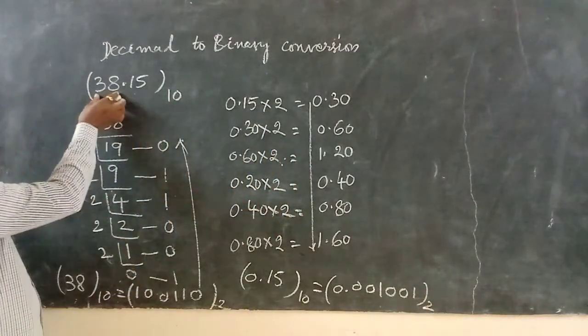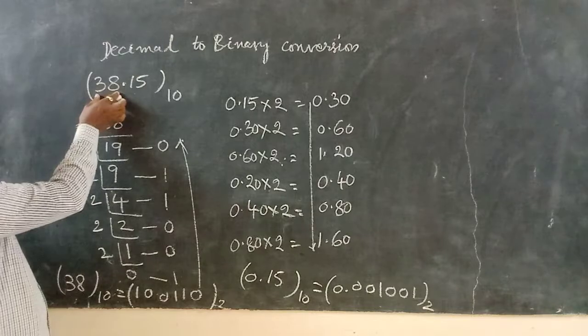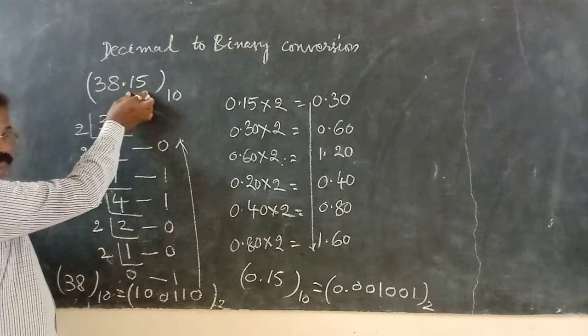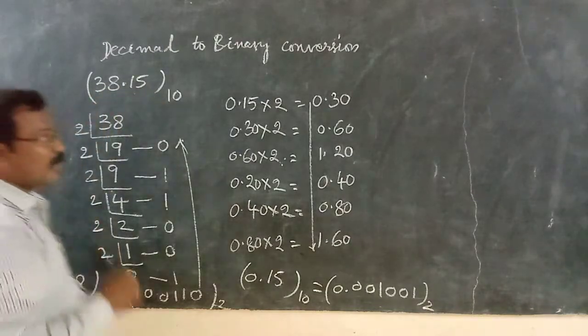Now join the integer-equivalent binary number and the fractional-part-equivalent binary number.